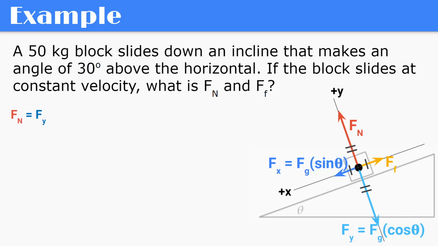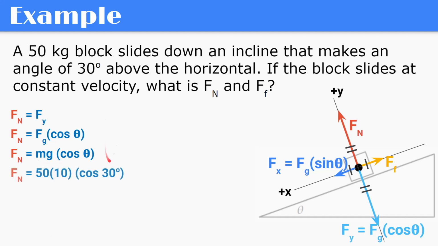So Fy, again, we determined this earlier, is Fg cosine theta. Again, we did that with the trig. Fg, of course, is mg, so it's also equal to mg cosine theta. And that's where we can plug in some numbers. The mass of the block is 50 kilograms. g on Earth is 10.